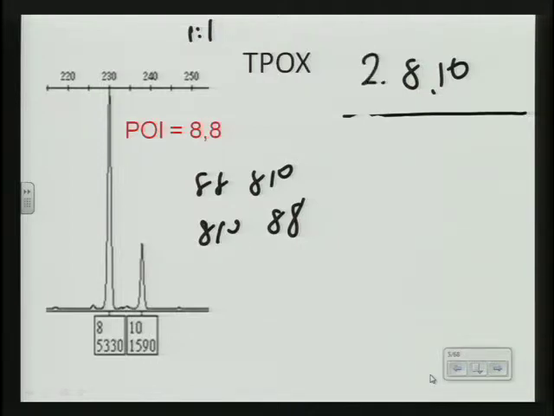So I've got a 2 there, haven't I? 2 F8, F10. And what have I got on the bottom? Combinations allowable is an 8, 8, 8, 10. 8, 10, 8, 8. God, you don't know how hard it is doing this.